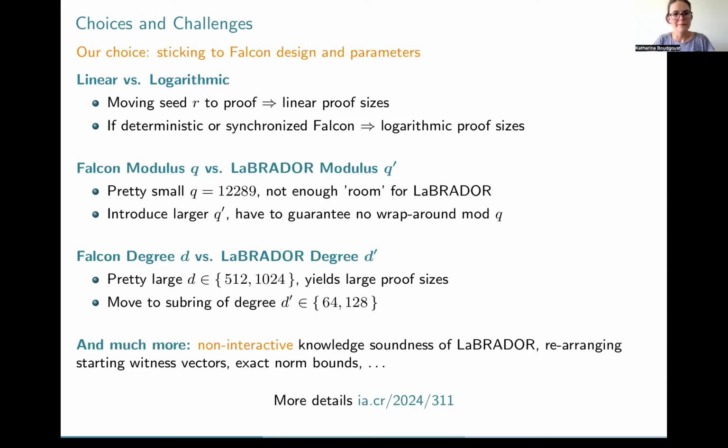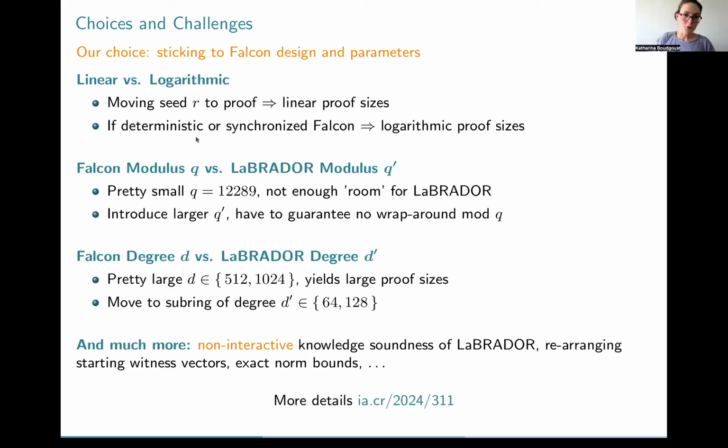The first thing is that, as I said, we have this seed r. This is what Falcon has. Falcon is a randomized version of the GPV signature. And we don't want to have the random oracle evaluation within the Labrador proof system. Because we made this choice of moving the seed out of the witness, we obtain linear proof sizes, because now our aggregate signature will also contain all the seeds.